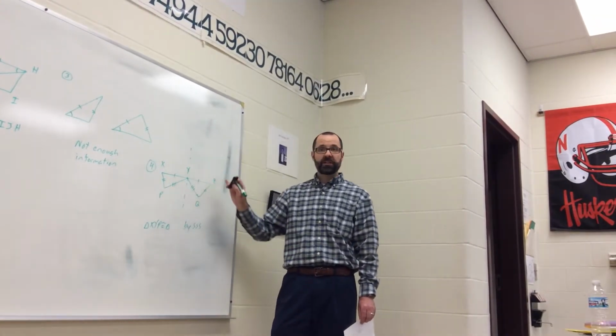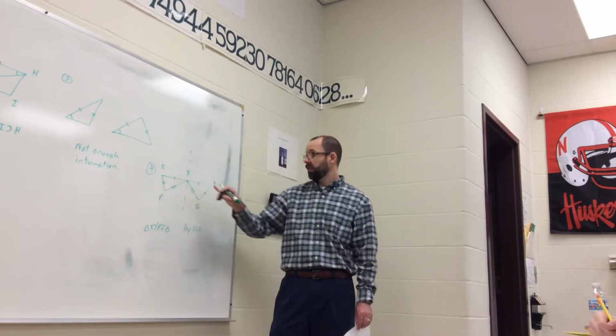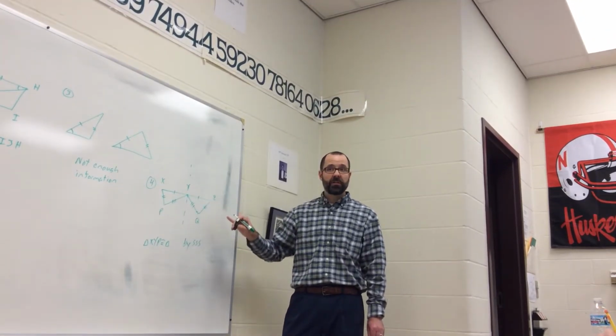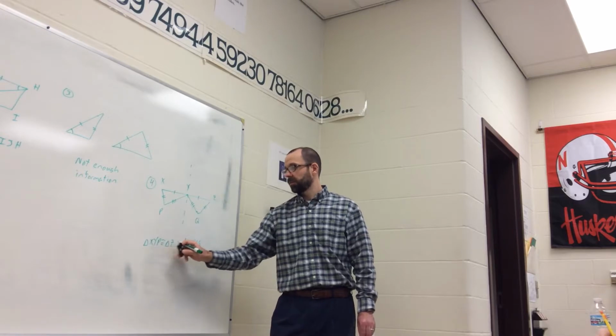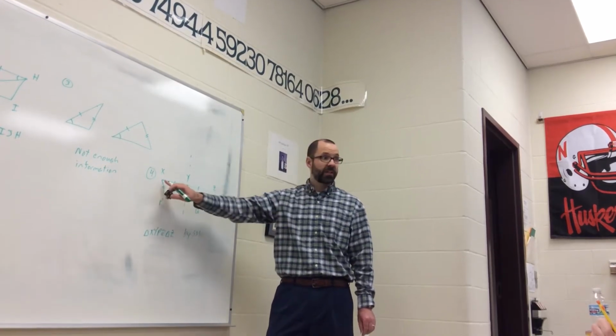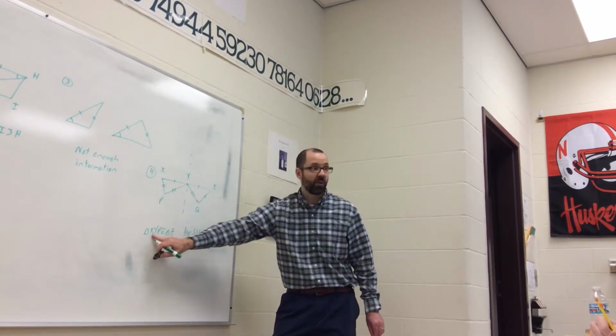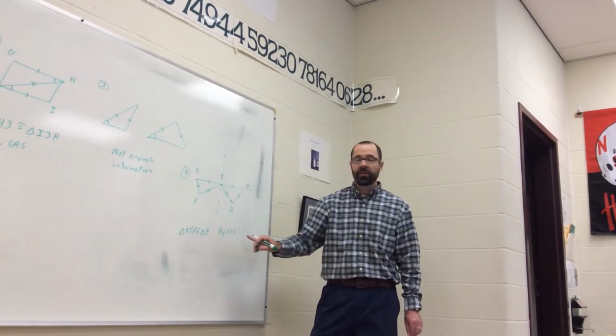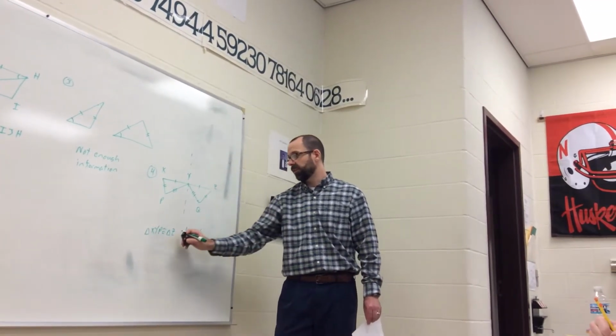And when you reflect, you can see that X matches up with Z, right? Do you see how X matches up with Z? So since I wrote X first, I have to write Z first. So XYP and ZYQ.